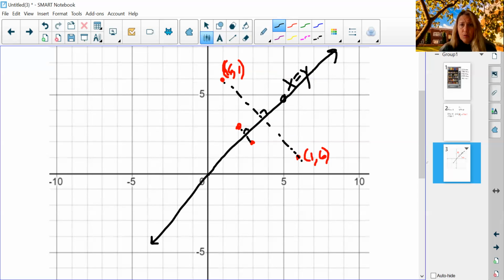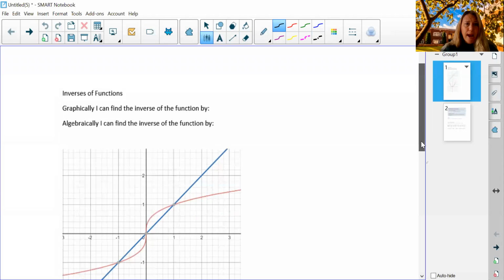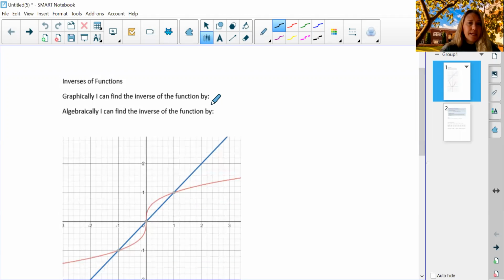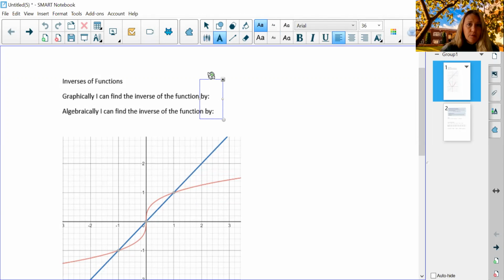So let's go to the handout and do just a little bit on the handout before I will give you another break. It says graphically, I can find the inverse of a function by, so that's what we just noticed, reflecting through the line y equals x.